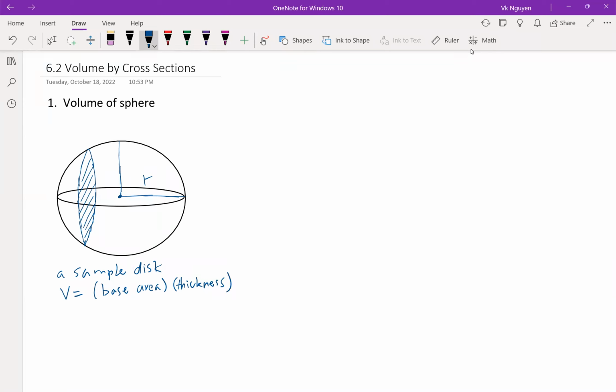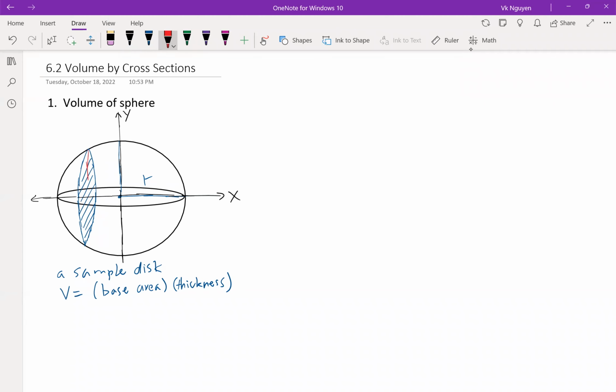In order to figure out the base area and the thickness, we're going to draw the x and y-axis. Here we go.